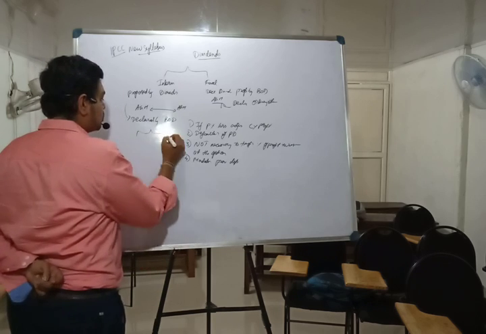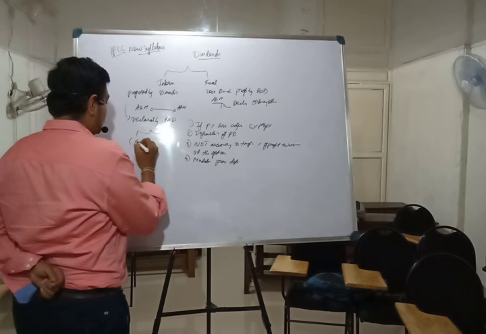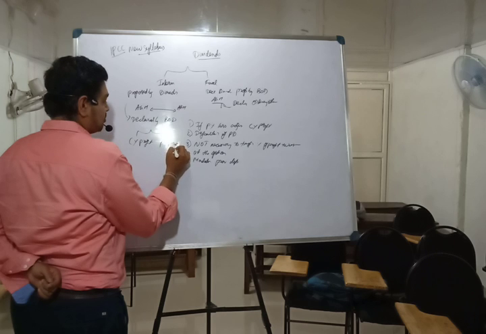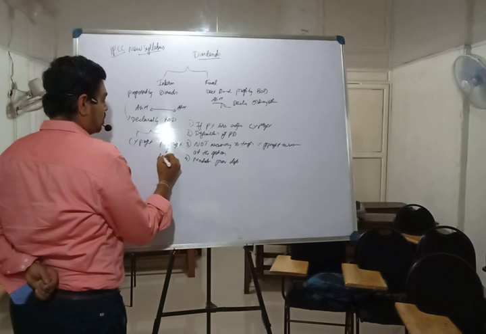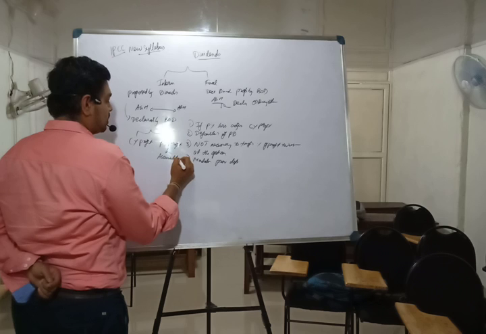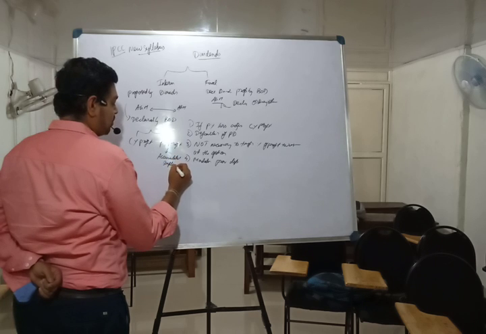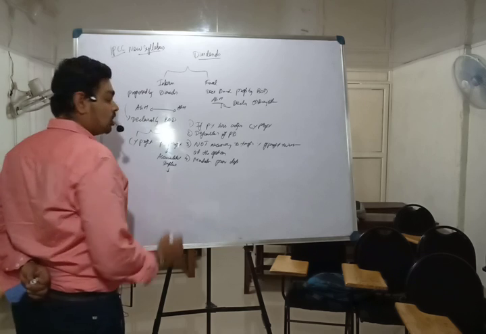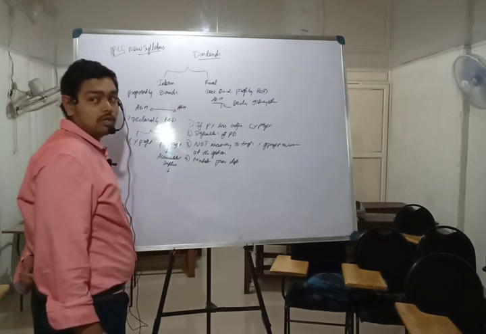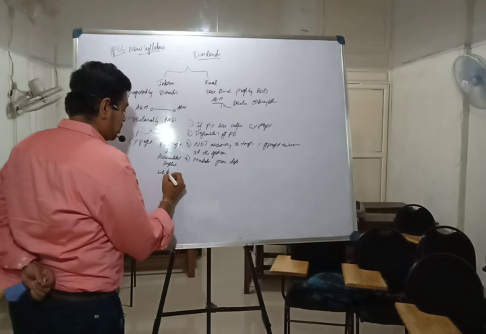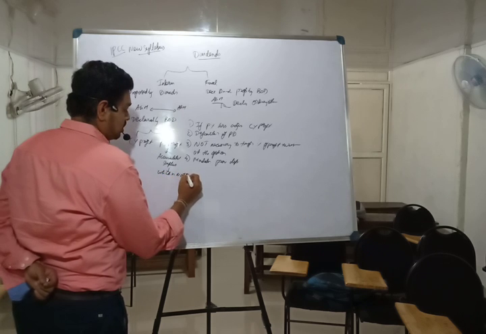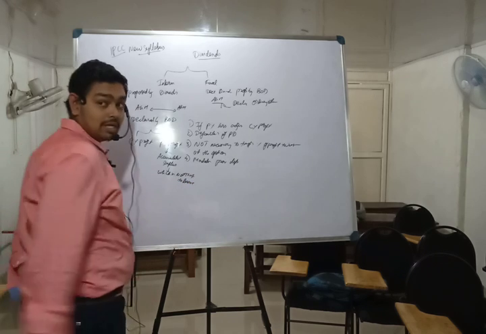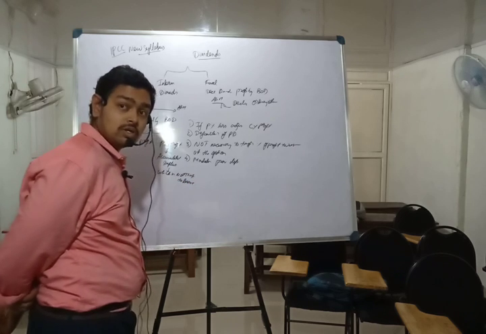Interim dividend has two sources: current year's profit and previous year's profit. This is called accumulated surplus, which is not transferred to reserve.